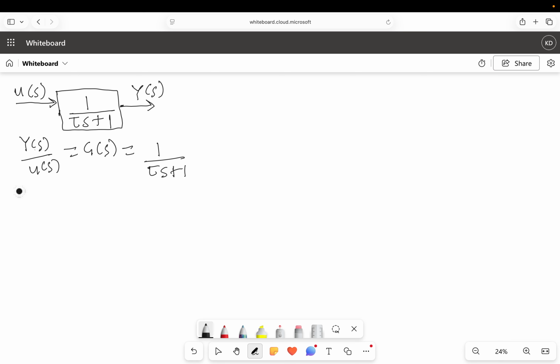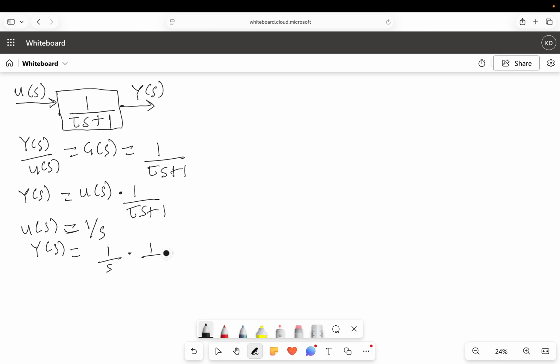So our Y(s) is just U(s) times 1 over tau s plus 1. For a unit step input, U(s) is just 1 over s. So we have Y(s) to be 1 over s times 1 over tau s plus 1.